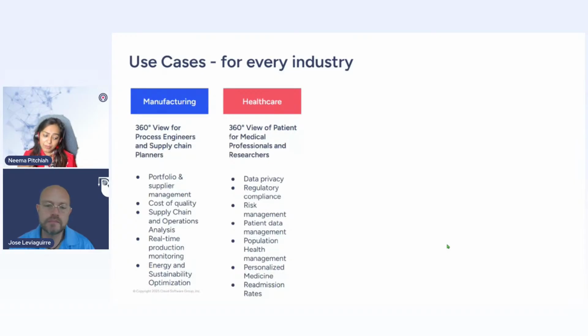There's personalized medicine these days, where you take a person's lifestyle features and data, and then you take their other health related records and combine them. It could also be readmission rates, so it could be what procedure they have gone through and what patient data, and just combine those.